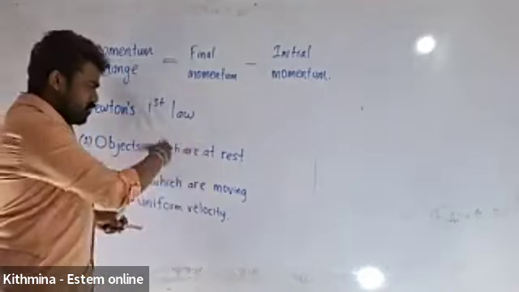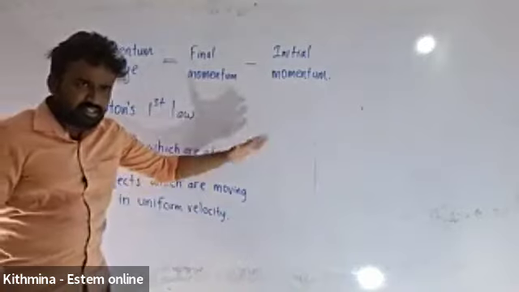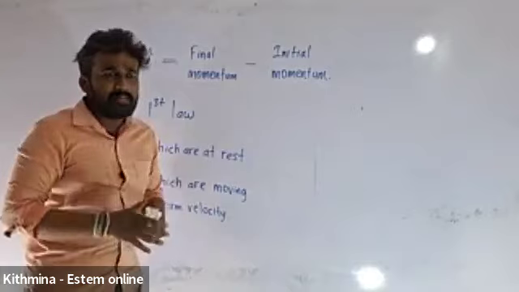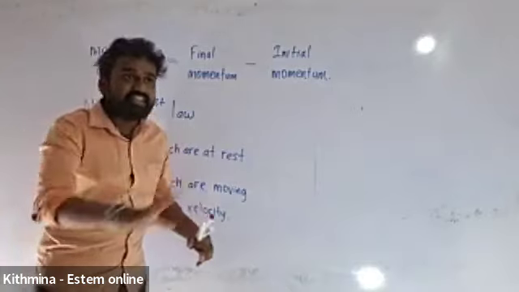It means objects which are at rest remain at rest, and objects which are moving in uniform velocity just keep going in uniform velocity without changing even direction.